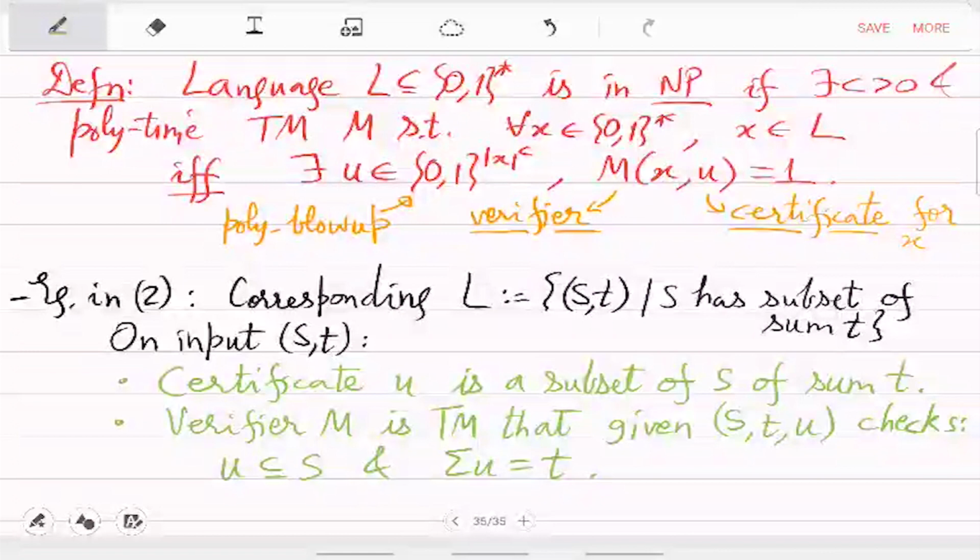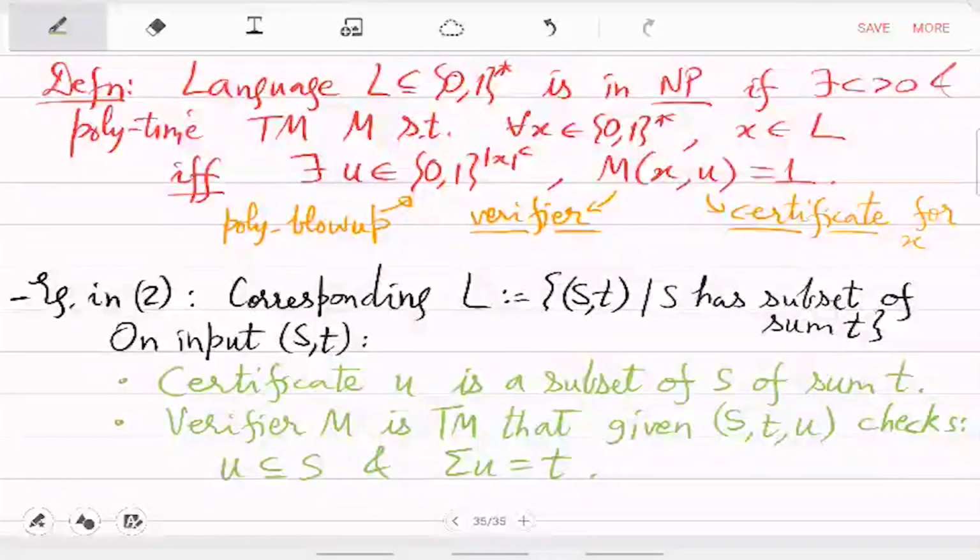Okay, so verifier M is trivial. It just checks whether U is a subset and whether the elements of U sum up to T. And hence, by the definition, it means that L is in NP.